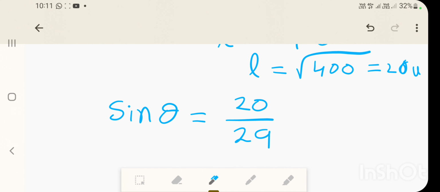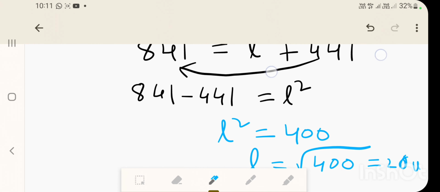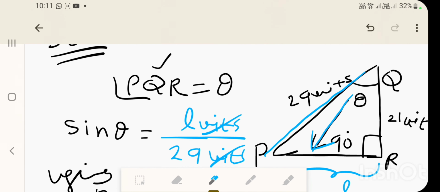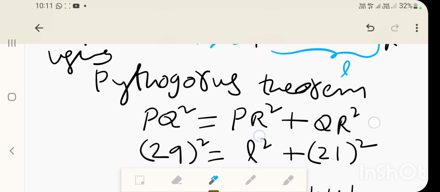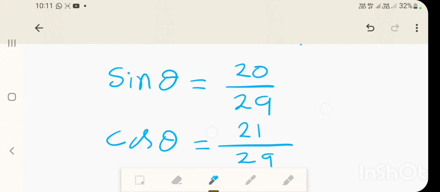Units will get cancelled. We know that for sin theta and cos theta the denominator is the same, the hypotenuse, and the numerator of cos theta is the side adjacent to angle theta, QR, that is 21. So cos theta is 21 by 29.